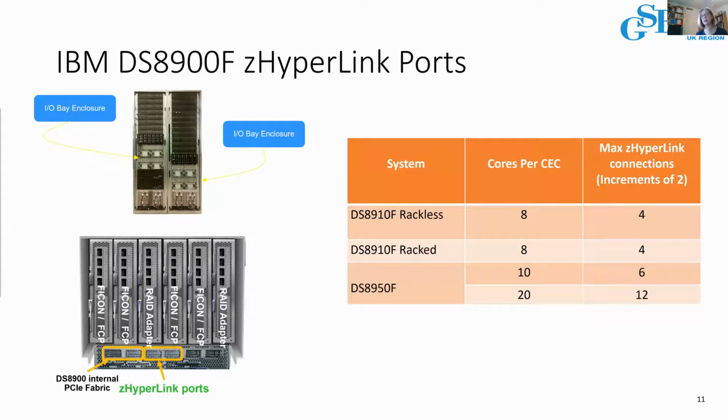We have you do them in pairs. And the reason for that is within the control unit, as part of the optimization, we have dedicated threads to perform the zHyperlink operations. We don't want to only do zHyperlink IO in the control unit. So this is part of how we control that and throttle that zHyperlink IO just a bit, so as to not starve out the regular FICON IO or all of the other operations and tasks that we do within the control unit.